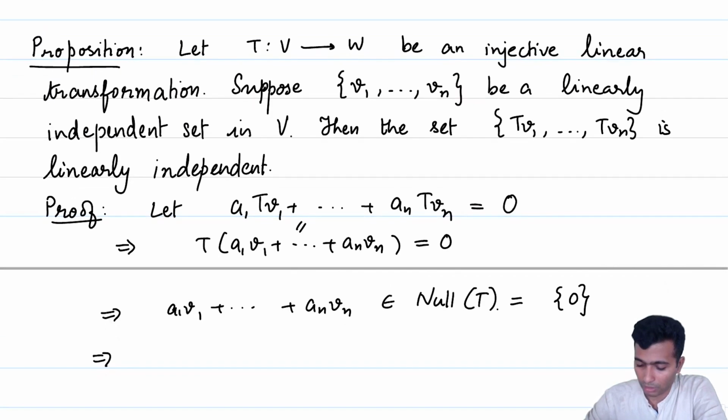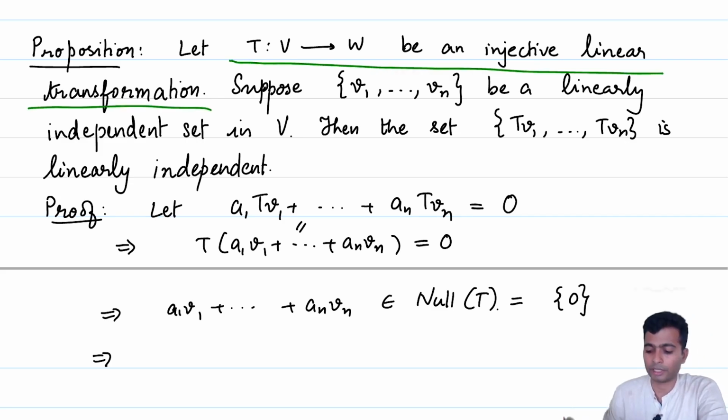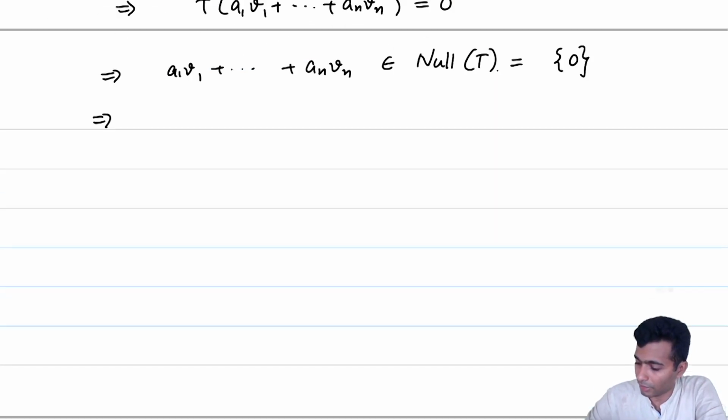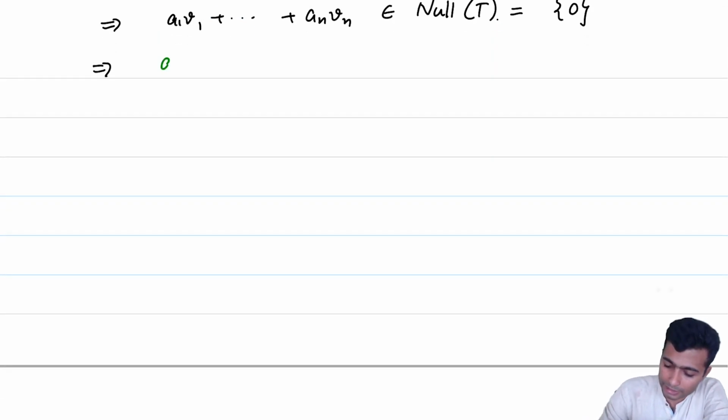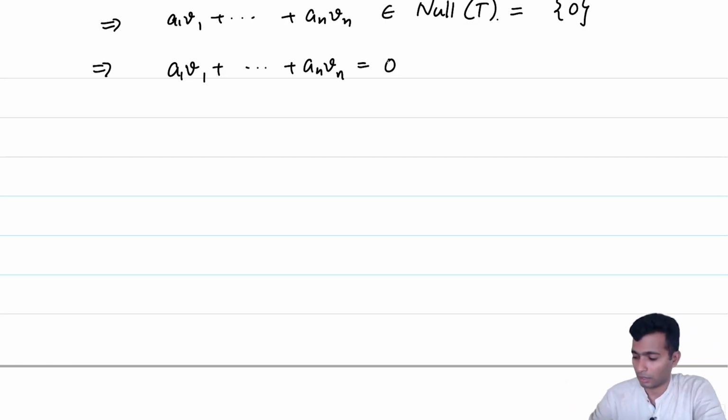Remember that our proposition has the assumption that this is an injective linear transformation, and that's precisely what we will be using here. The null space of T is hence 0, and this implies that this vector is equal to the only vector in the null space of T, which is the 0 vector.